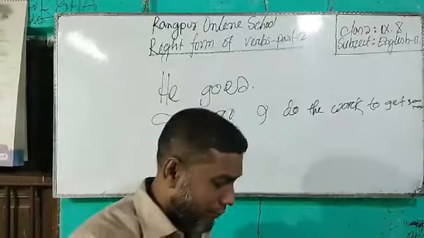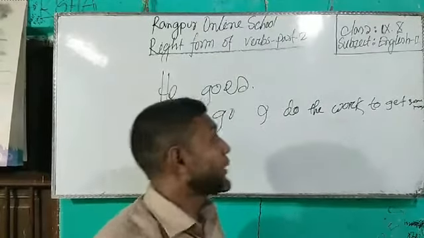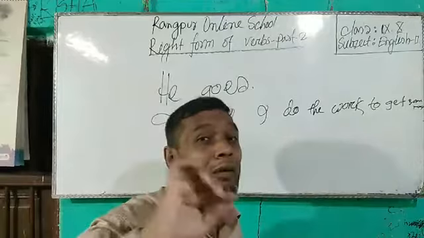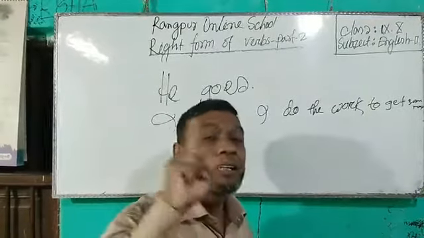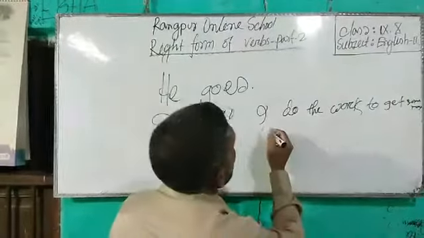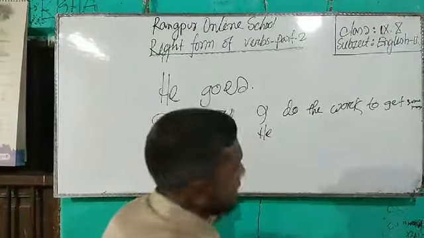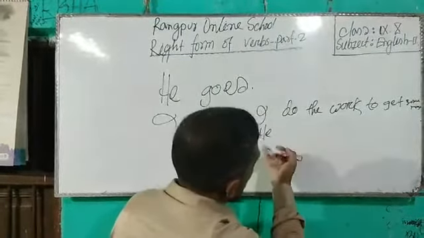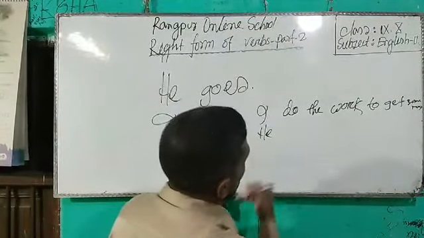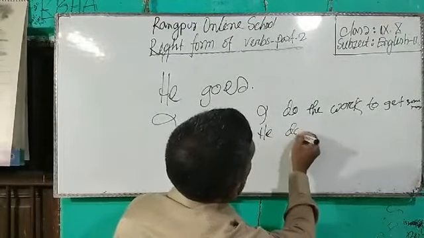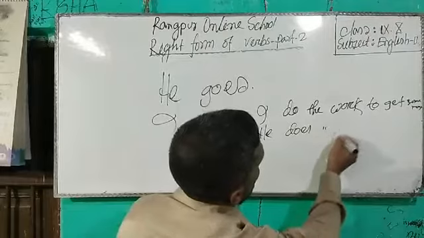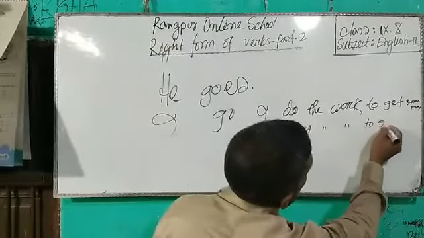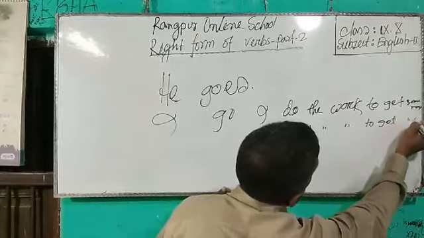Now someone has asked you, please find out the finite and non-finite verb from this sentence. Then you can find out very easily, with just one technique: you change. Just I have changed the subject, or I may change tense or voice. So if I write "he," then it will be "does the work." He does the work to get some money.